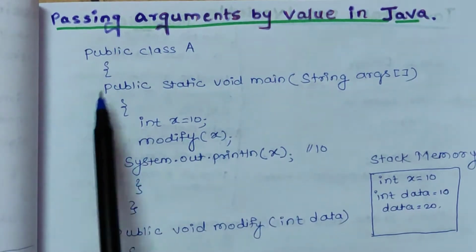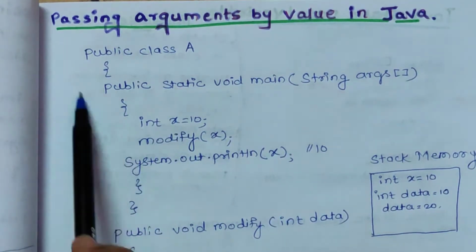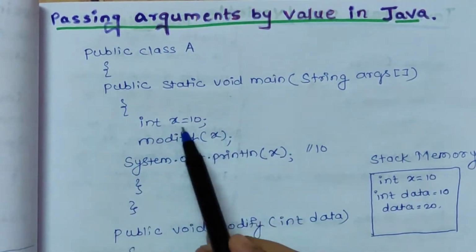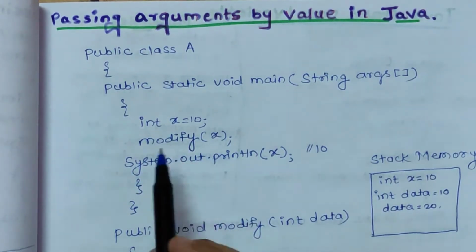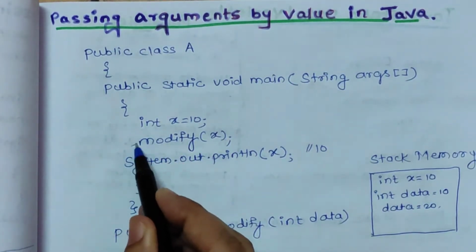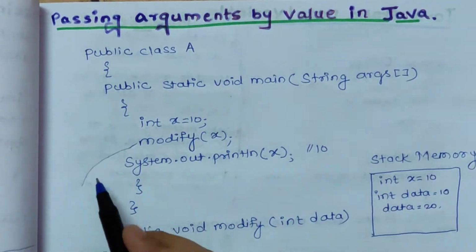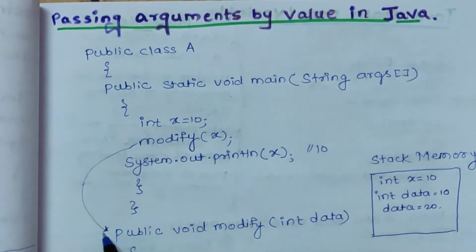x. Now when this program will run, after assigning value 10 to x, this modify method will be called, and once this method is called, the program control will be shifted to the definition of this method.